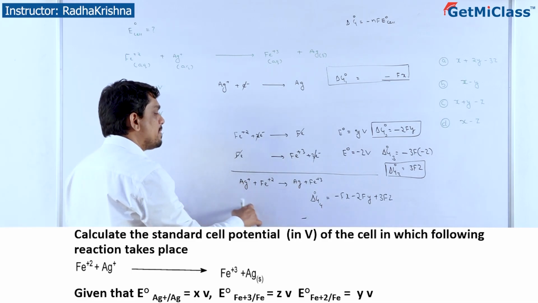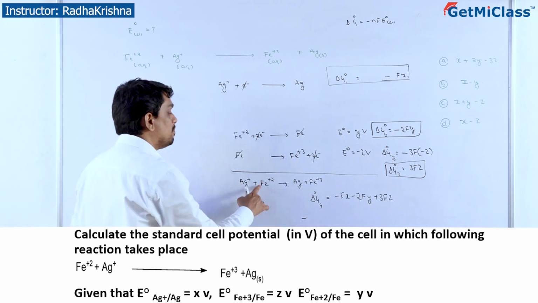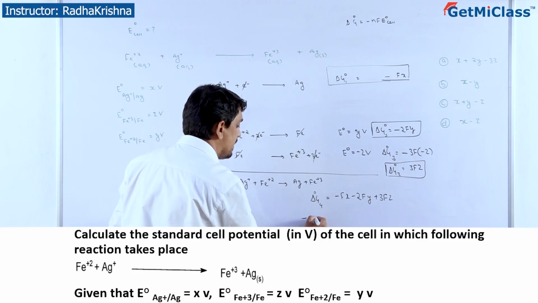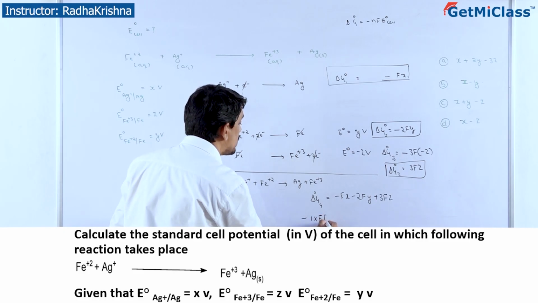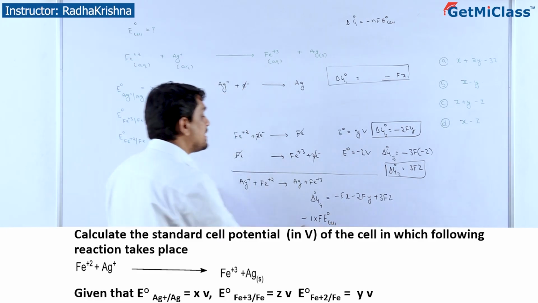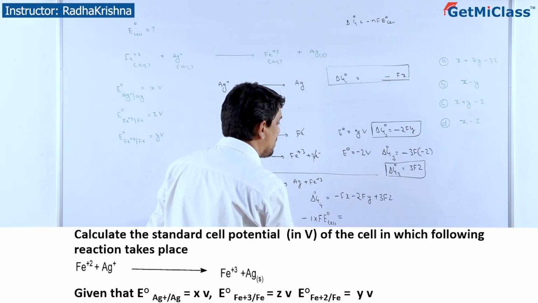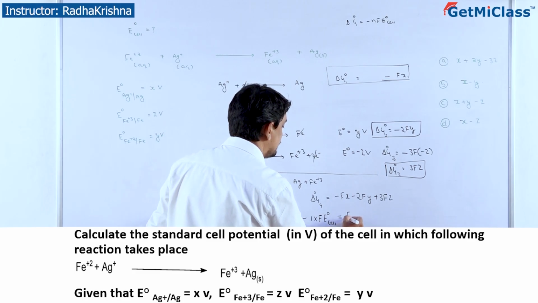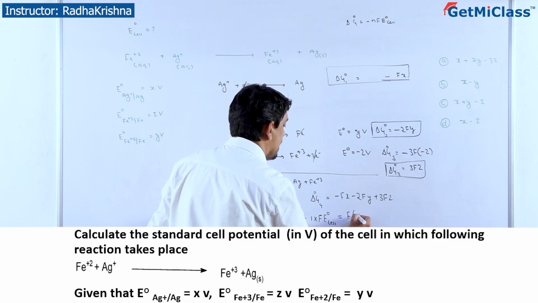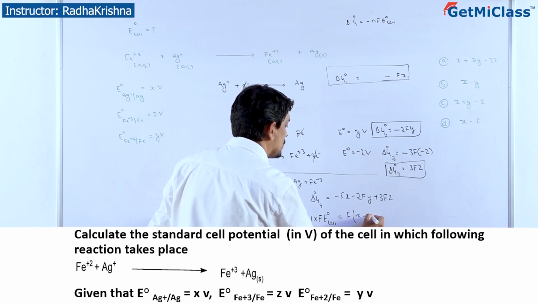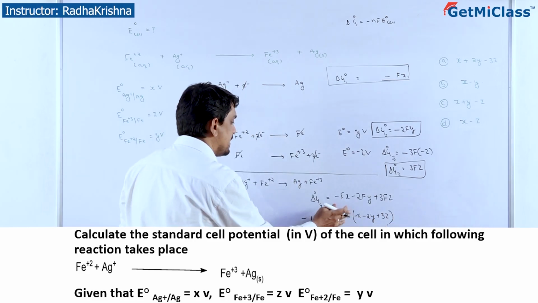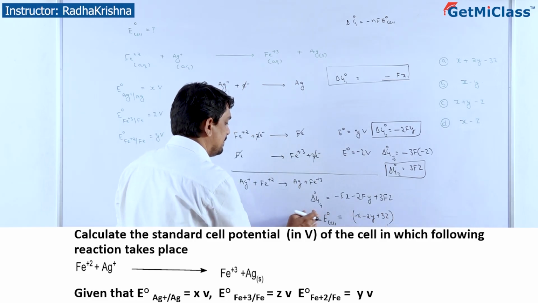See, plus 1 becomes 0, 1 unit. Plus 2 becomes plus 3, again 1 unit. So 1 electron is involved. F, E0 of the cell I want to calculate. That is equal to, let me keep F out, so what is inside: minus X minus 2Y plus 3Z. This F and F will get cancelled.